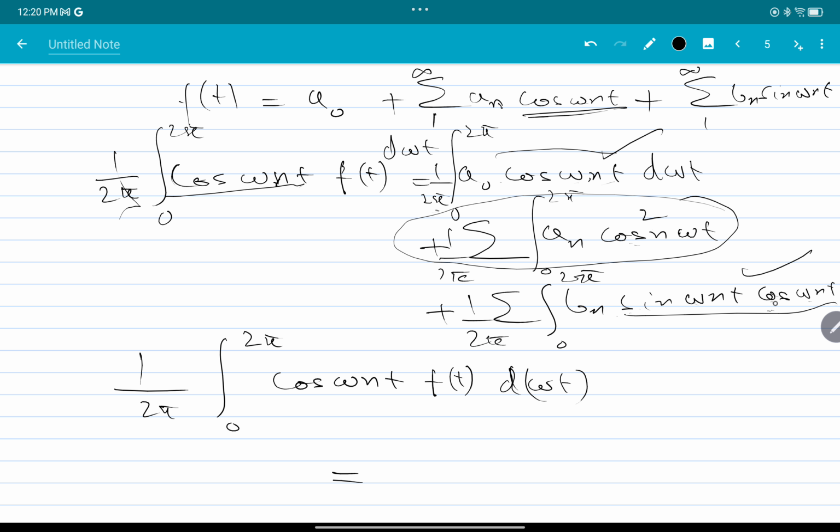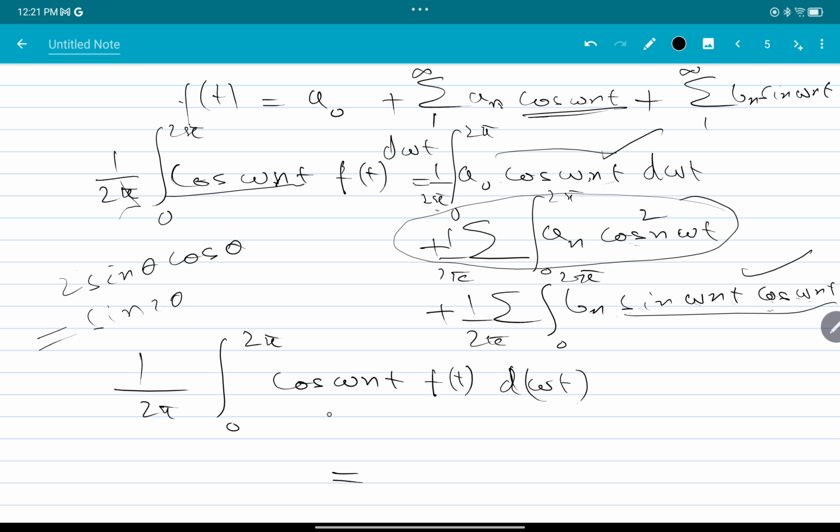You can check it by actual calculation, or you can check it like this. If you have suppose 2 sine theta cos theta, that is equal to sine 2 theta. So this is simply sine 2 theta, and again that will vanish.